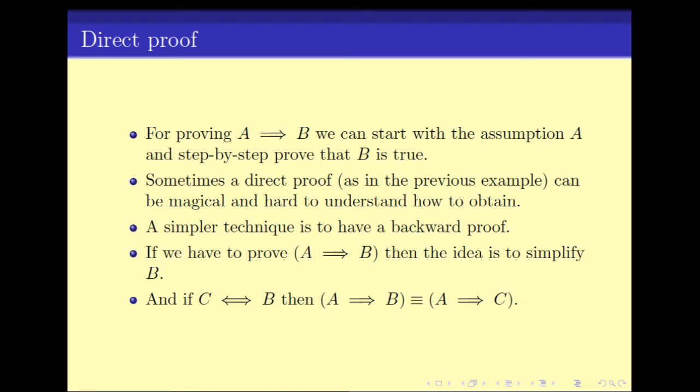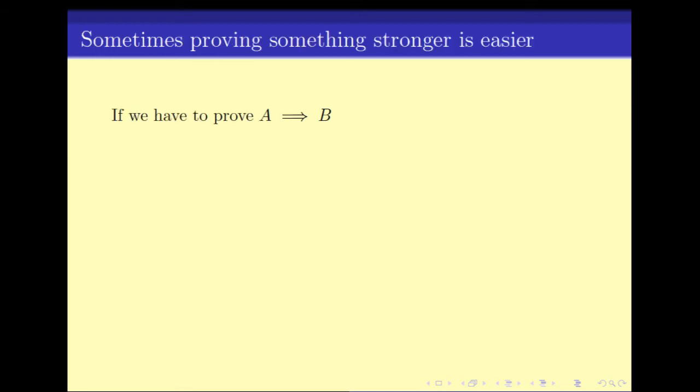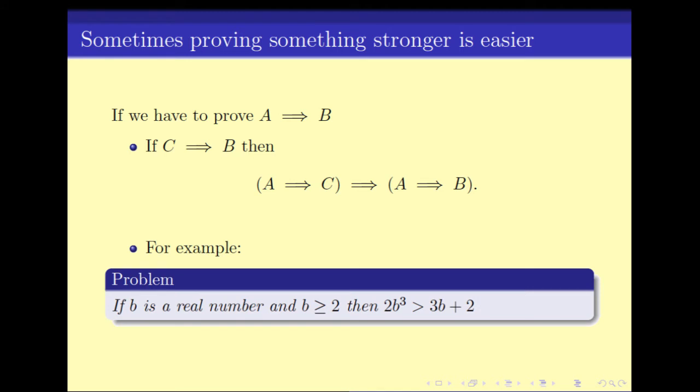Now there is one more technique, namely sometimes proving something harder can actually be easier. In other words, if you have to prove A implies B, and if C implies D, then if I can prove A implies C, then I would also be able to prove A implies B. So A implies C is clearly a harder thing to prove than A implies B, but sometimes proving that harder thing can be easier.